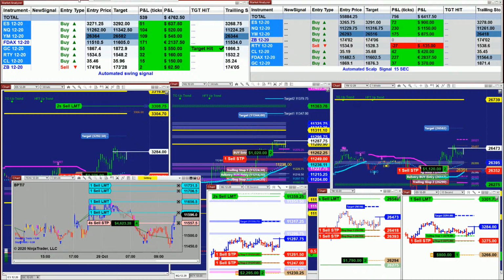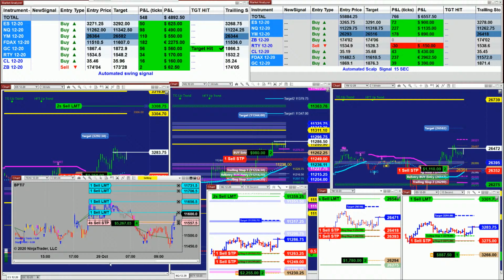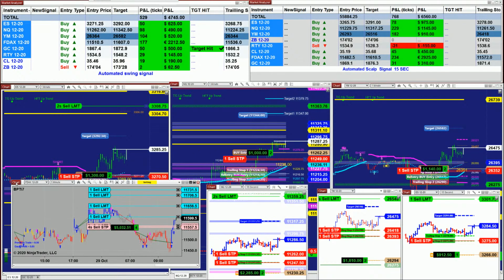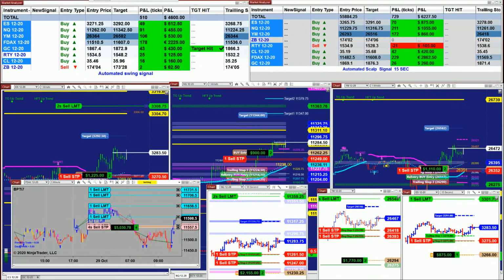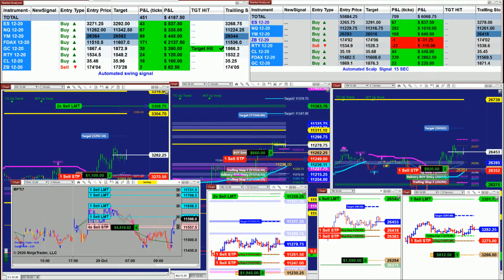It's not the signal. And we're about to close one trade on the DAX. This is a little over 5K on this one. We are one tick away from closing one of the positions.